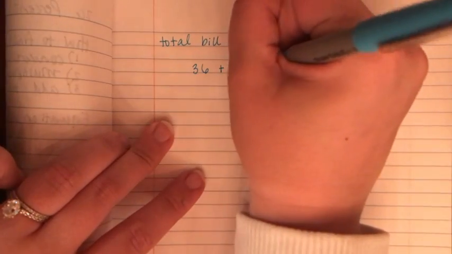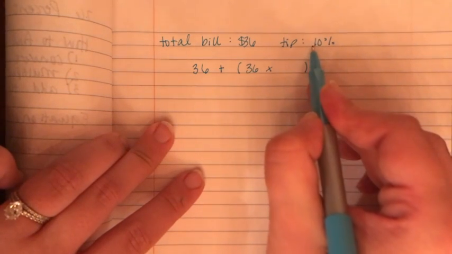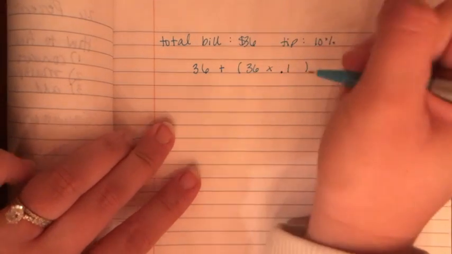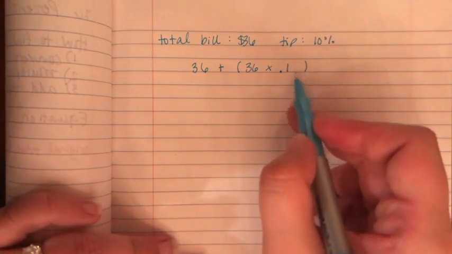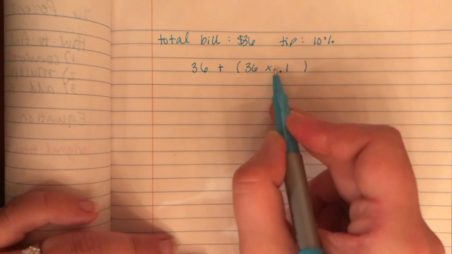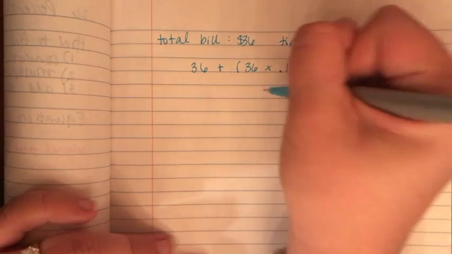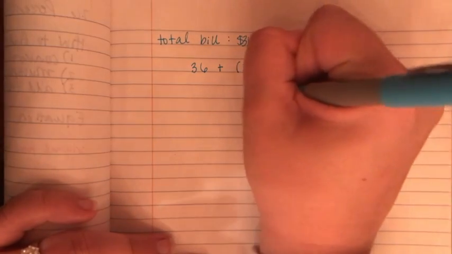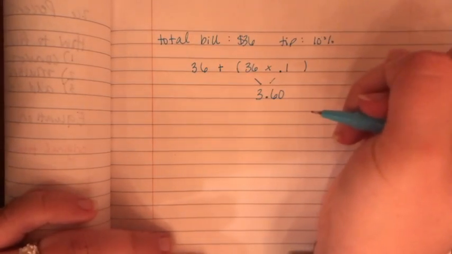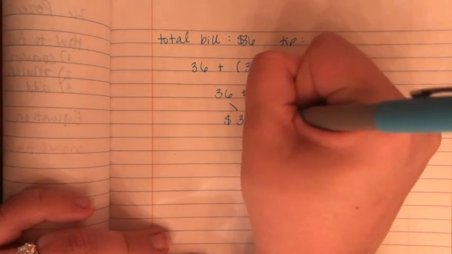So we do 36 times 10% as a decimal. I move it in twice and I get 0.1, or you can leave it as 0.10, but we don't need that 0. The trick whenever you multiply by 0.1 is that the decimal just moves in once. So our tip is $3.60. We add 36, and I get as my new total $39.60.